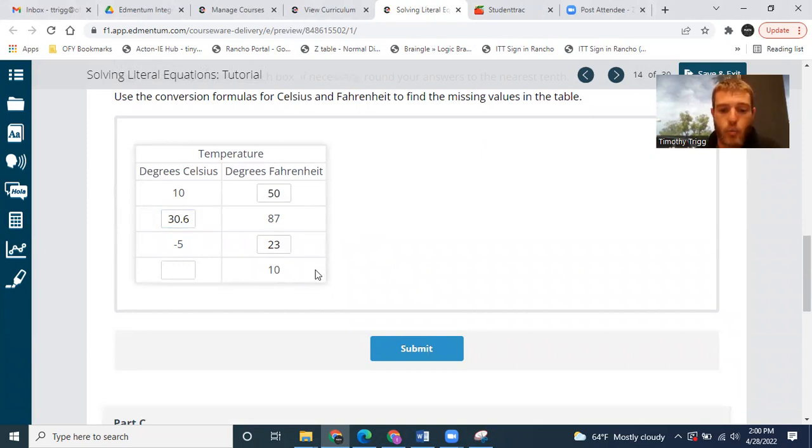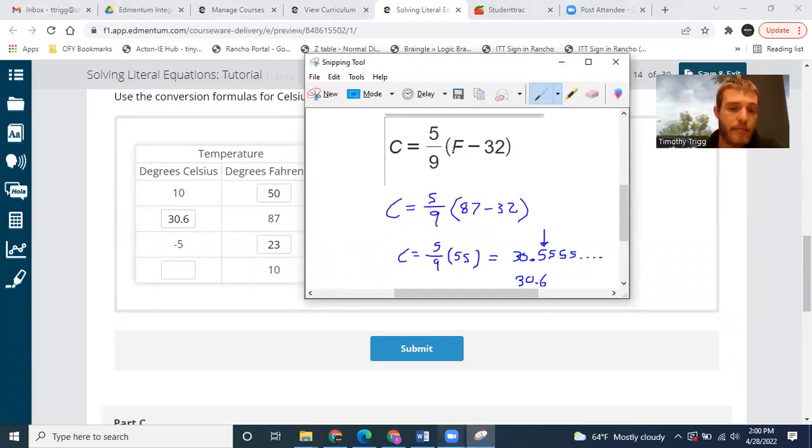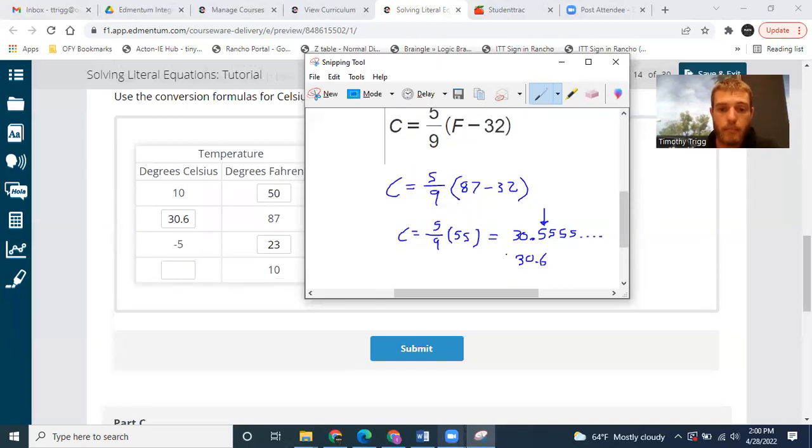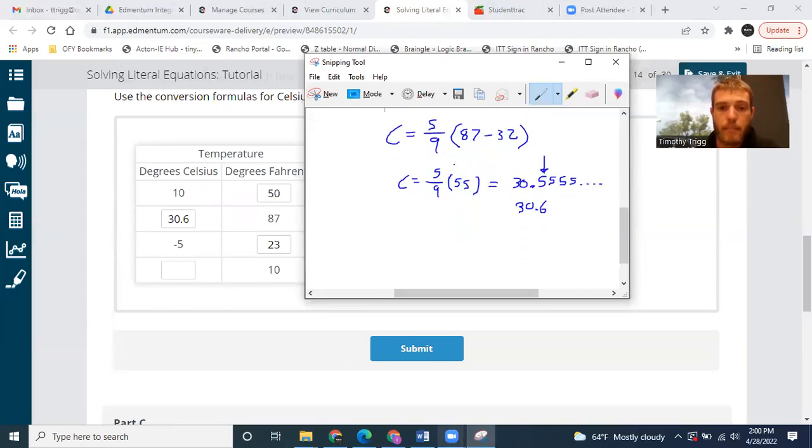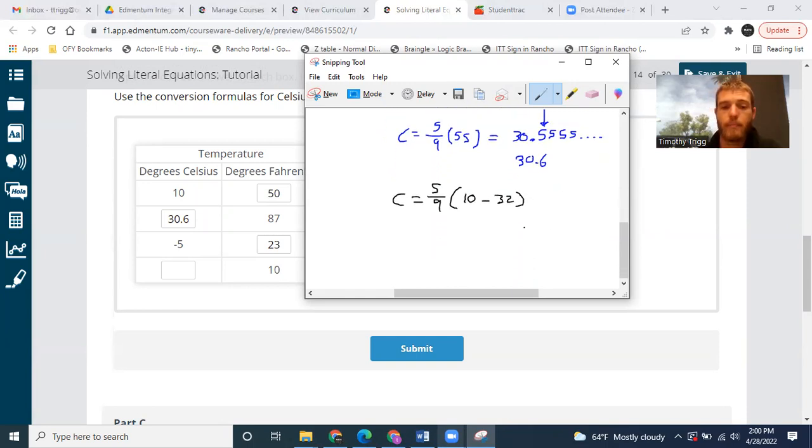Okay, last one, we're going to use that same equation, but this time replace F with 10 degrees Fahrenheit. So that's going to be, let me change my color. C equals 5/9. And in this case, the Fahrenheit is 10 degrees Fahrenheit minus 32.